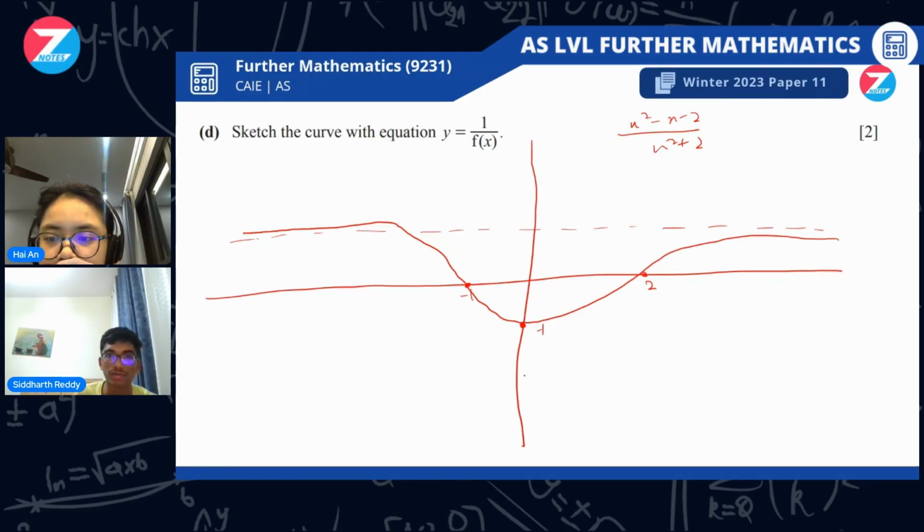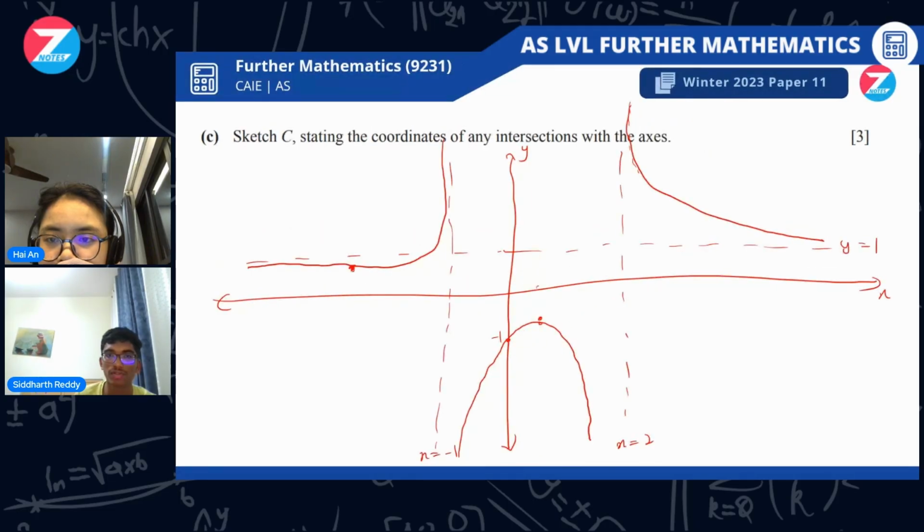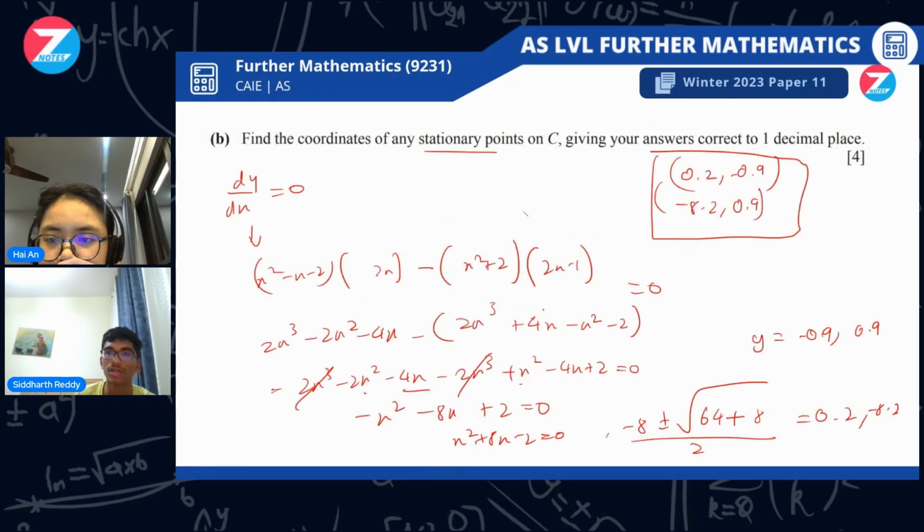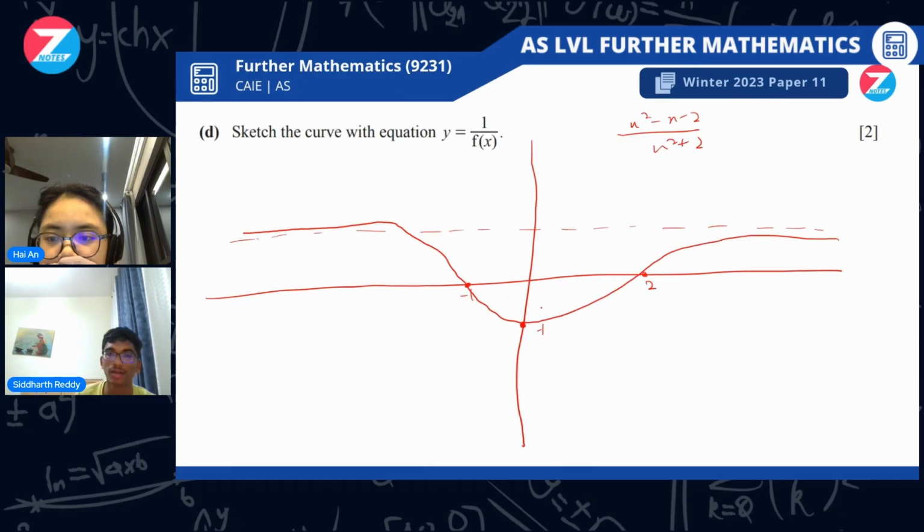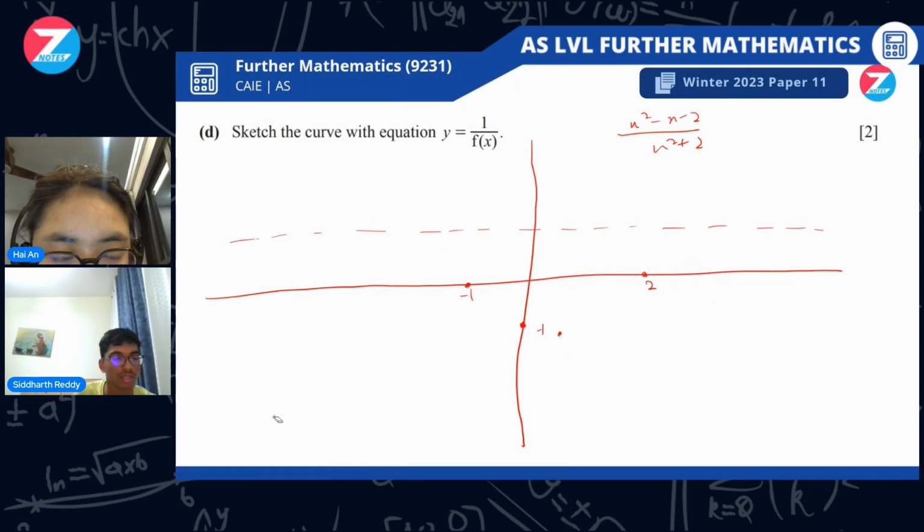First thing we have to notice is that we forgot to put the stationary point for this also. This is the stationary point 0.2 and minus 0.9. So this stationary point becomes 1 by minus 0.9, which actually becomes minus 1.1. So it's actually going to go a little below.